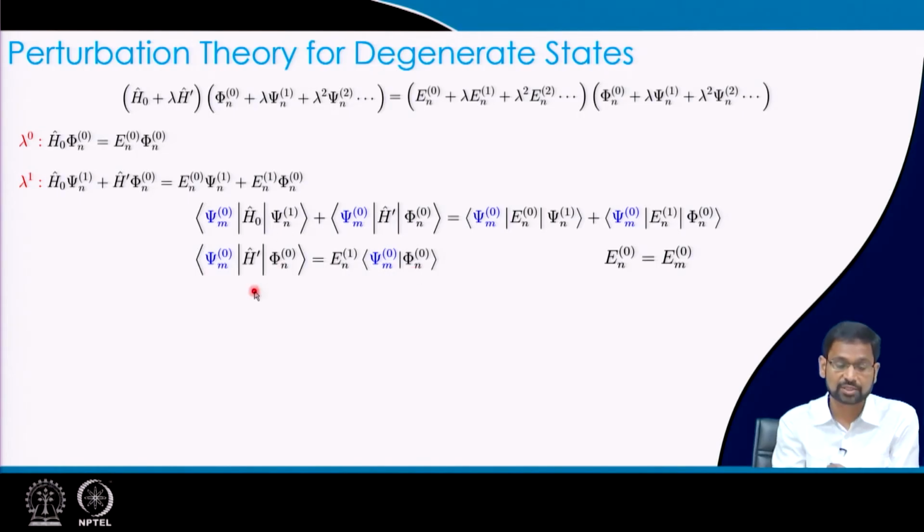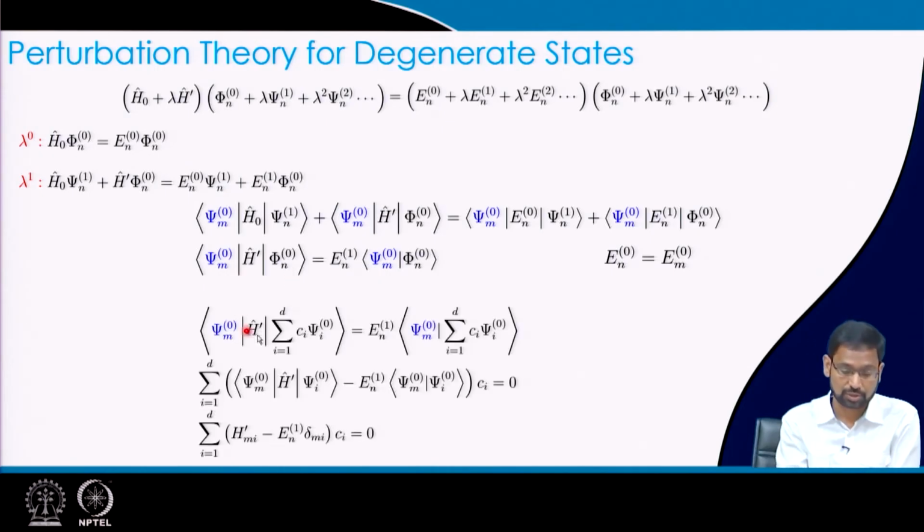Now here, what is phi n0? Just to remind, phi n0 is some linear combination of the unperturbed eigenfunctions psi i's. So we will use that condition now. In place of phi n0, I am using the fact that phi n0 is a linear combination of the psi i0, where psi i0 is one of these degenerate unperturbed eigenfunctions of the system.